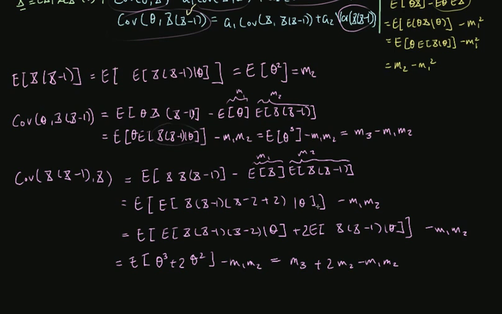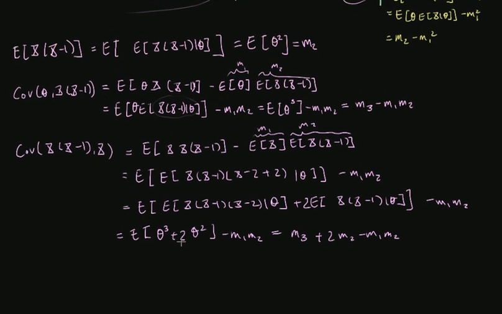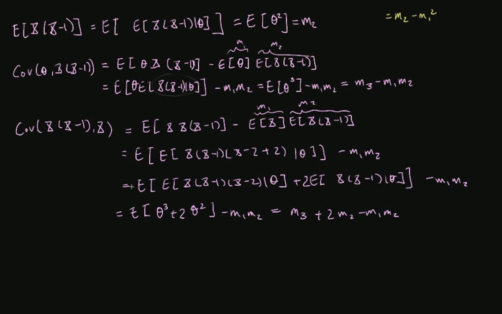Now, basically, I can take this trick that I just used and apply it on the variance of x multiplied by x minus 1. So let's also take a look at this variance, x multiplied by x minus 1.